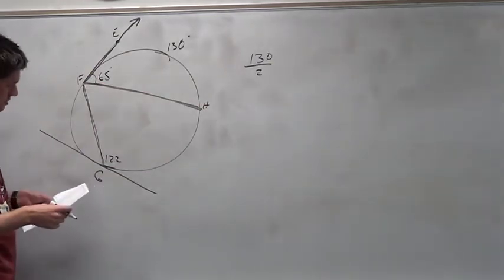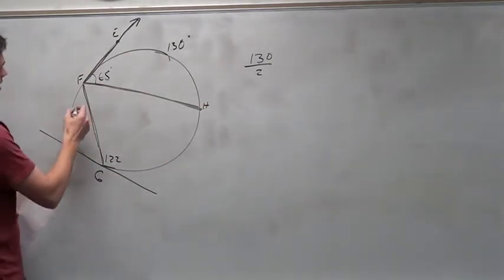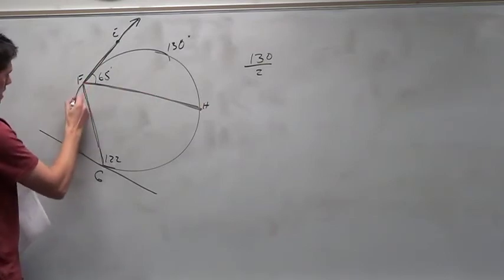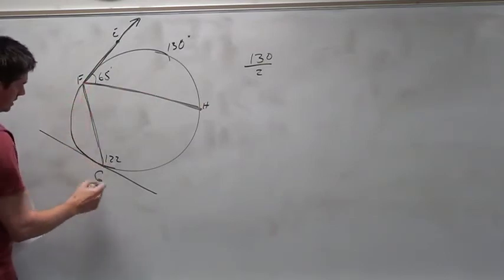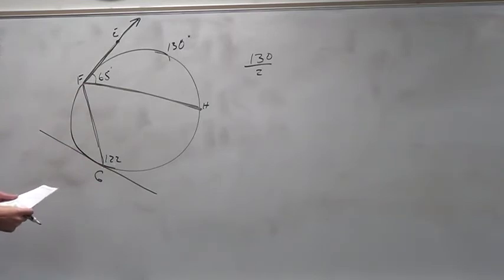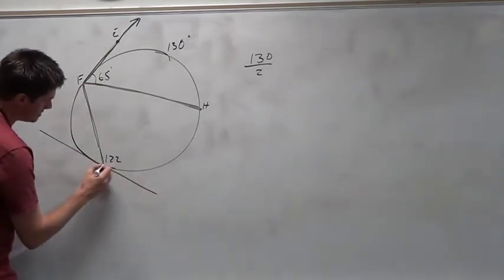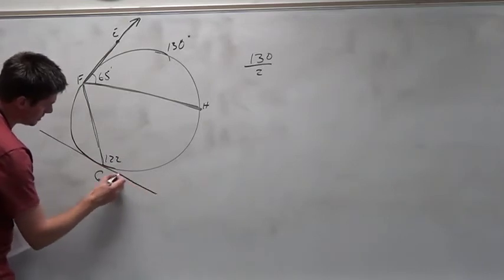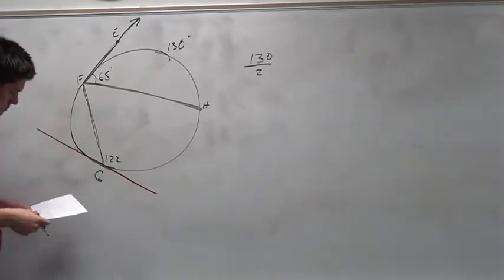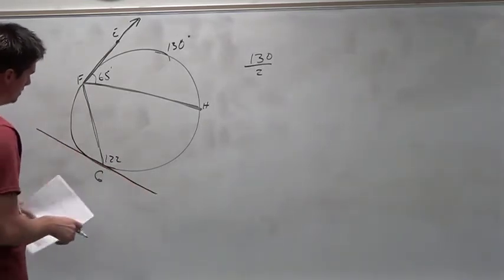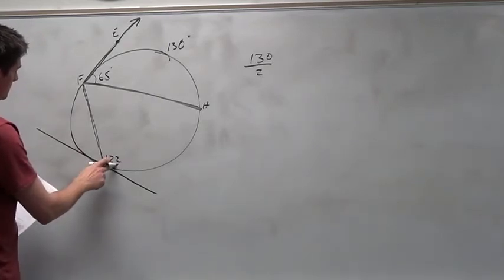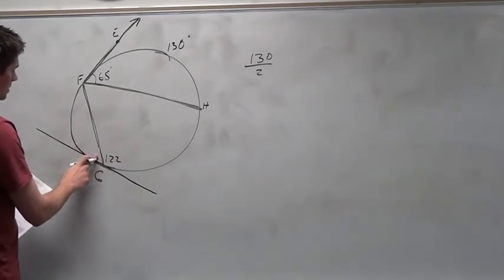Now they want to find the measure of arc FG. So they want to know how far it is from here all the way to here. Well, let's remember this. If this is 122, and that's the point of tangency, we have a straight line going on here. That's kind of important. So if that's 122, how much is this going to be?